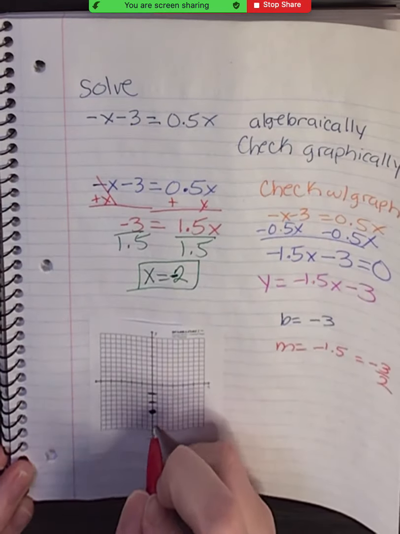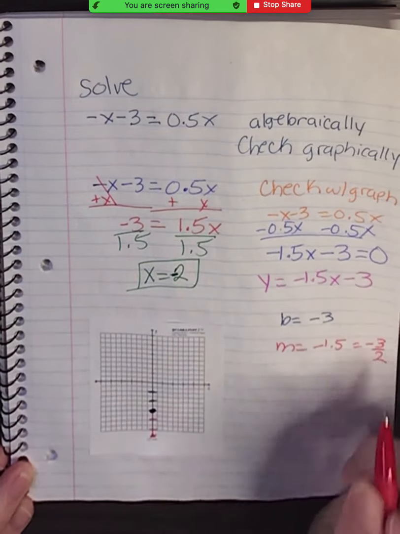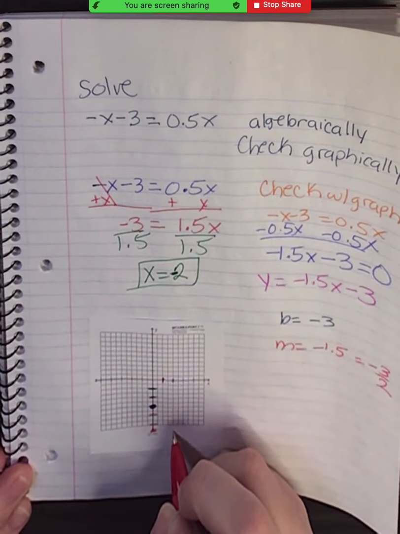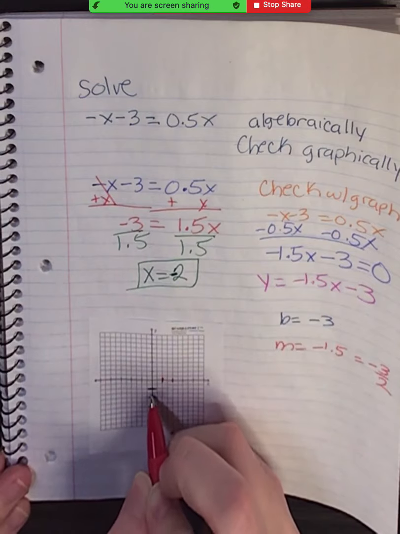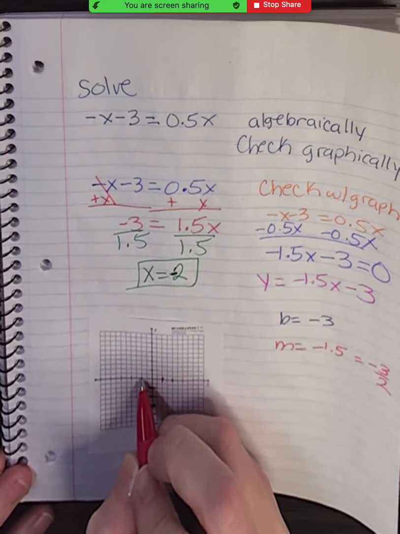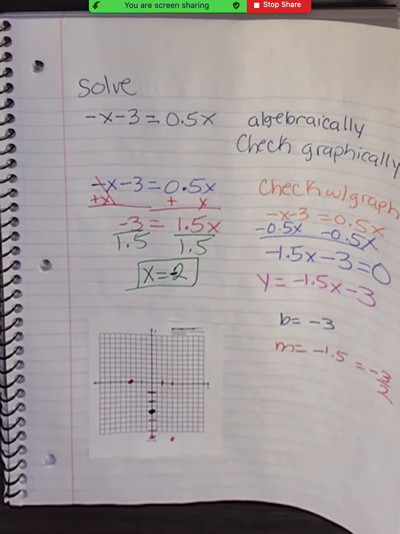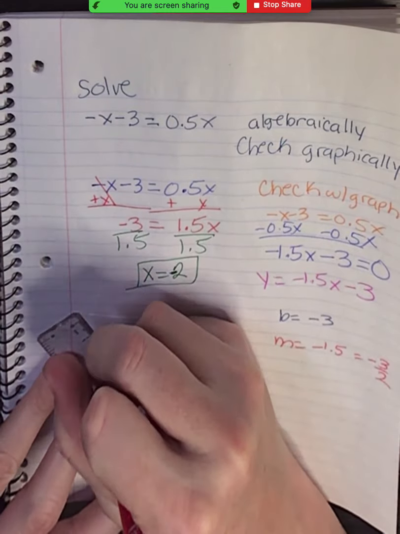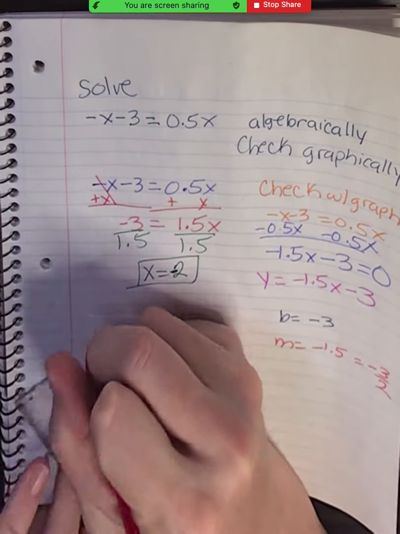So I could go down 3, 1, 2, 3. Then I would go right 2. So 1, 2 to here. Or you could have said I'm going to go up 3, so 1, 2, 3. And then I still need negative, so I'm going to go left 2. 1, 2. Okay, then I can connect my points. Put arrows on it.